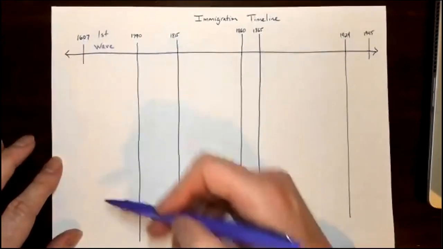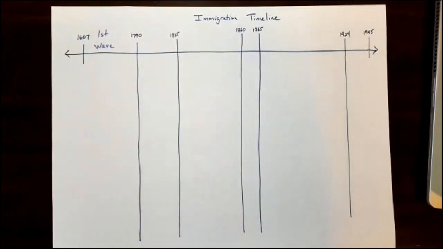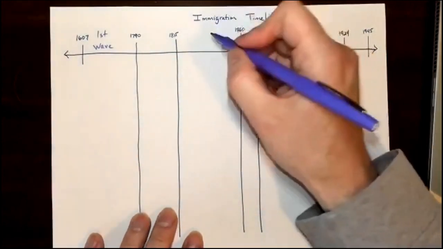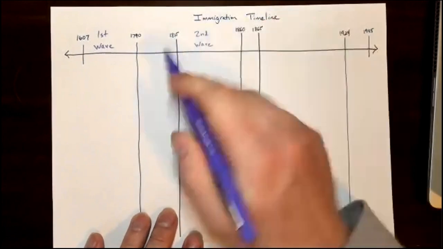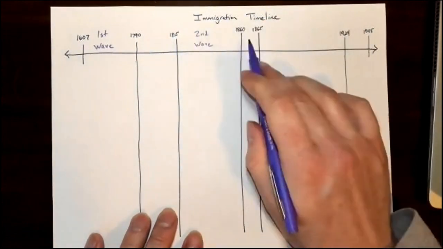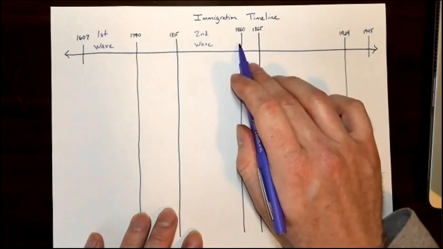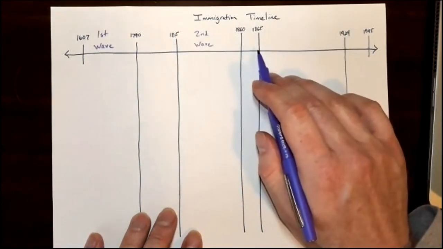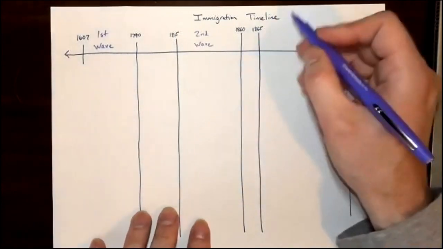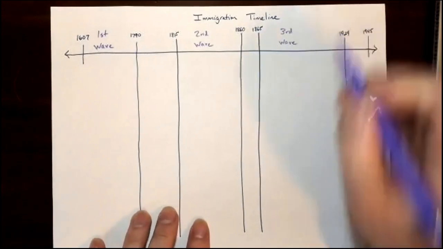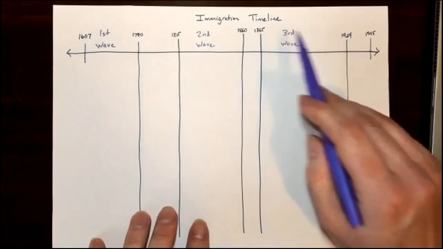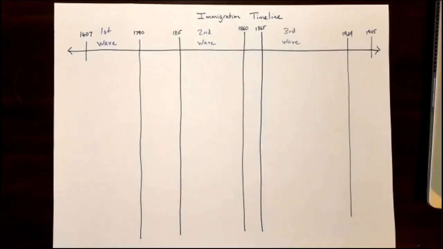The second wave of immigration is going to be from 1815 to 1860. And then our last wave, our third wave, is going to be from 1865 all the way to 1924.